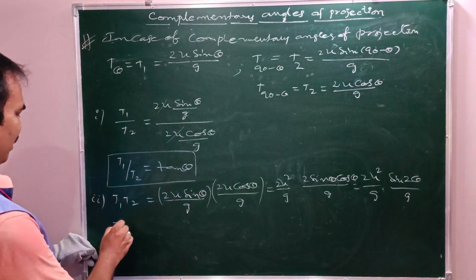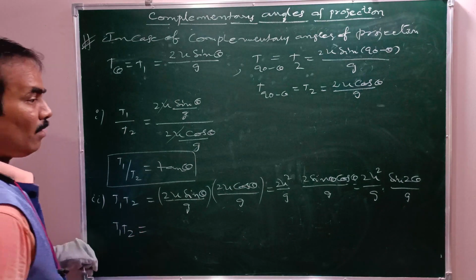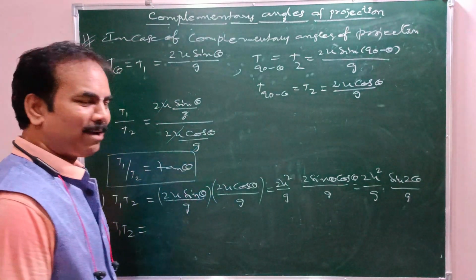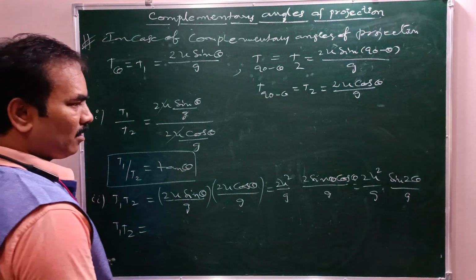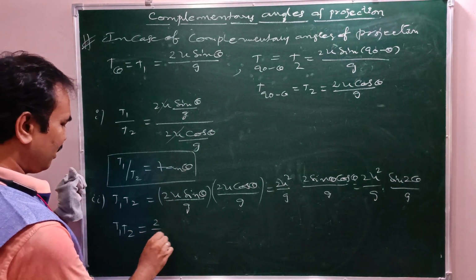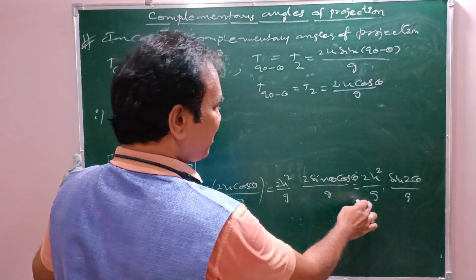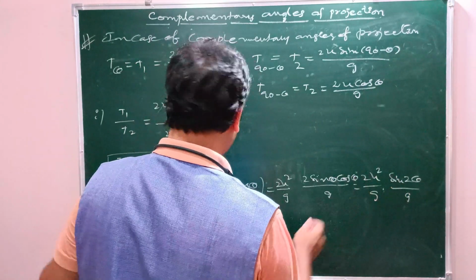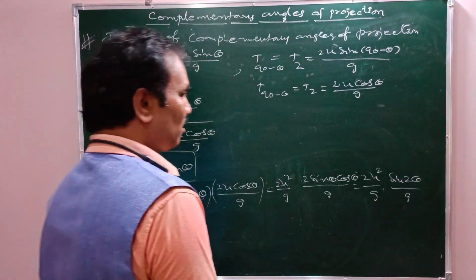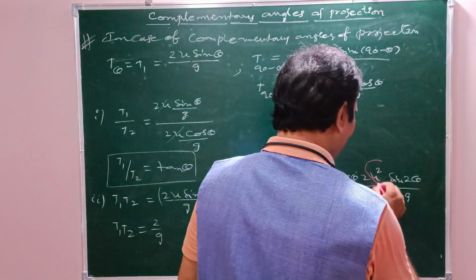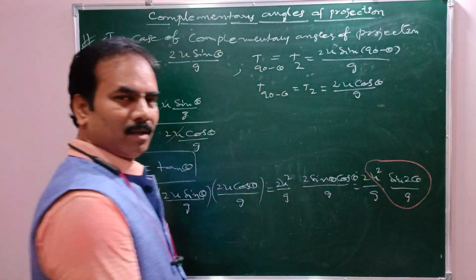See, t1 t2 can be written as 2 by g into u square sin 2 theta by g, and u square sin 2 theta by g means range.